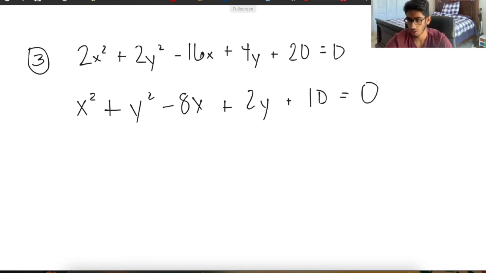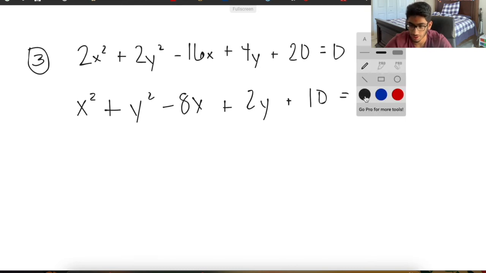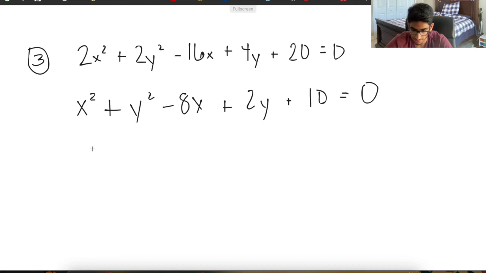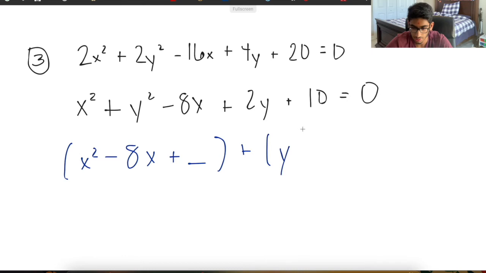And so now we're right where we were at the beginning, at the first example problem. And so we can just group our x's together. So we do have x squared minus 8x plus blank plus y squared plus 2y plus blank equals -10.